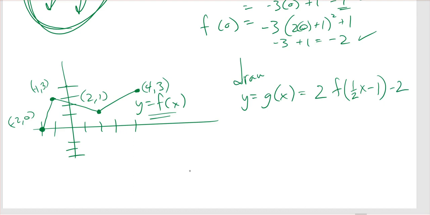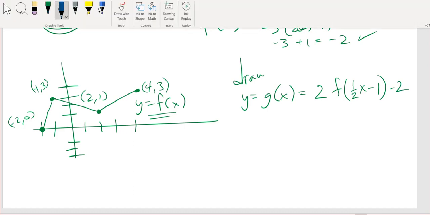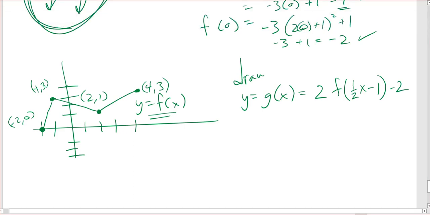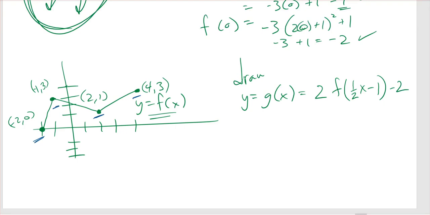Okay, so we can do this in exactly the same way. We're going to just take these points that I know are there, and that's where we're going to start, and we're just going to do all of our transformations. So we can list them all in the same order again. So this thing is what we're going to be doing first. So when we subtract from x, we're going to be adding, right? So we add 1 to the x values.